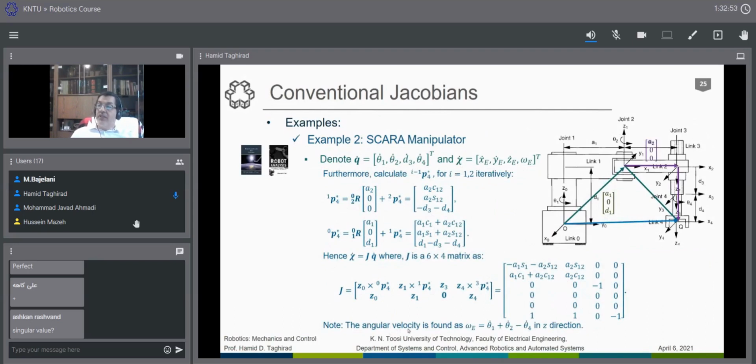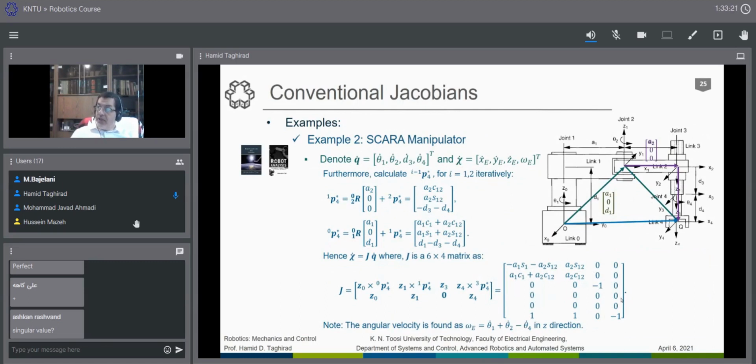The angular velocity is θ1 plus θ2 minus θ4 in the z direction. As you see, the angular velocity can be found, and these two parts are 0. This gives us the angular velocity part, and this gives us the linear velocity part. The linear velocity would be this part plus the z direction of the prismatic joint.